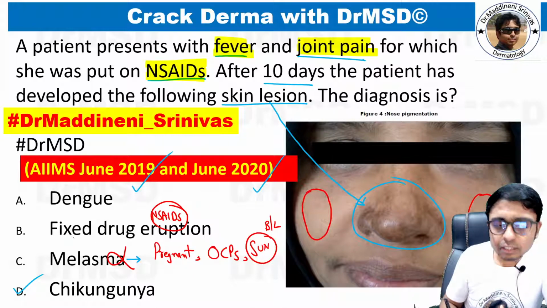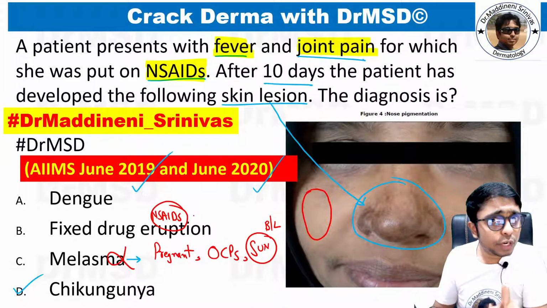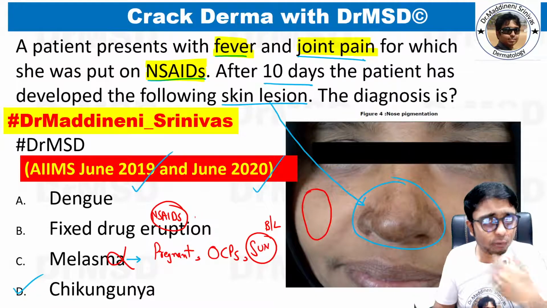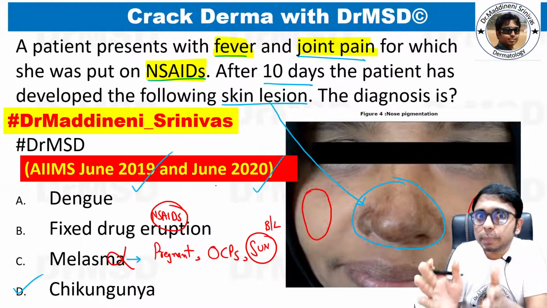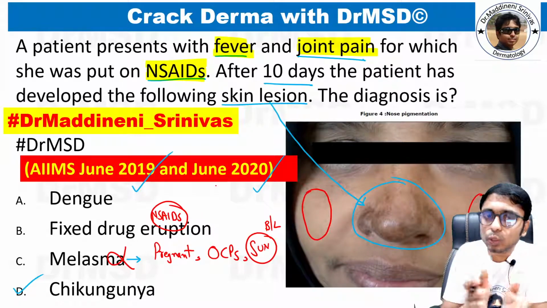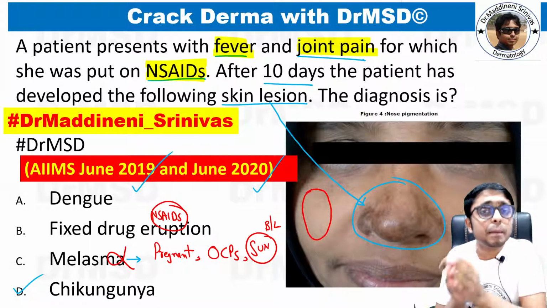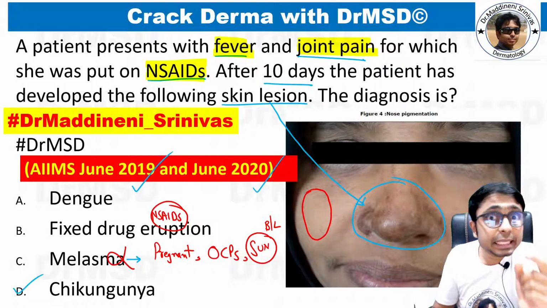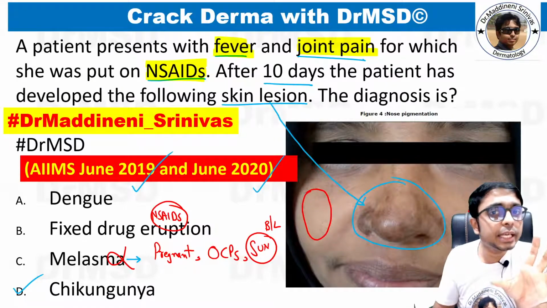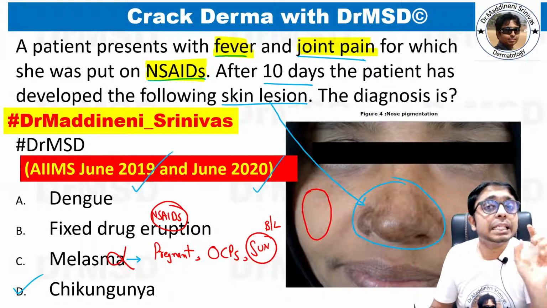Because in the case of fixed drug eruption, the history will be given like what I am telling right now. This patient took NSAIDs previously, after which she developed some erythema. Initially in fixed drug eruption there will be erythema.